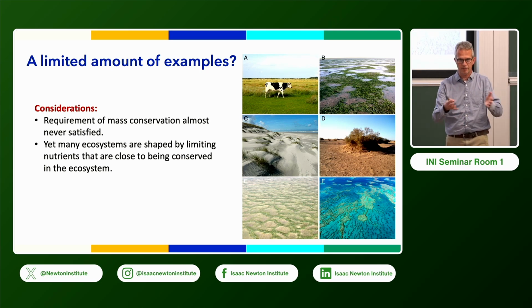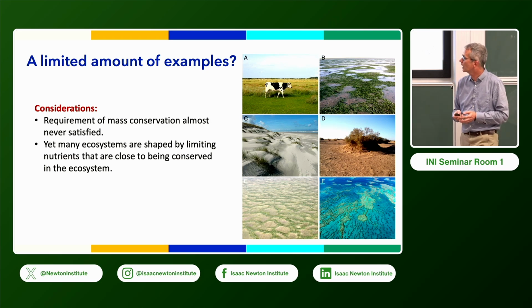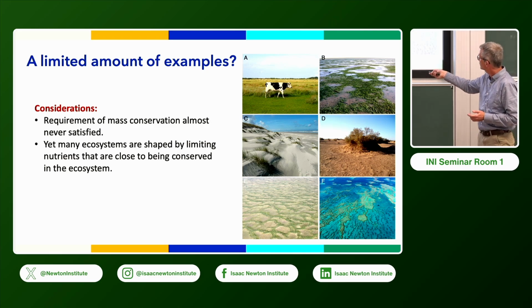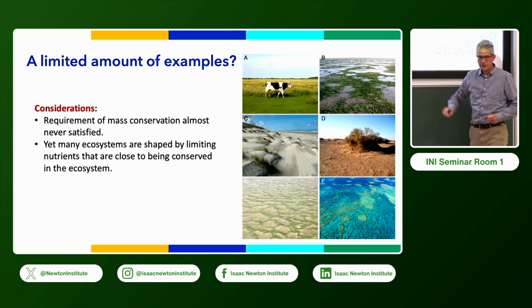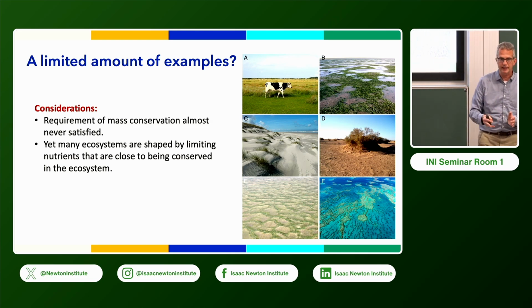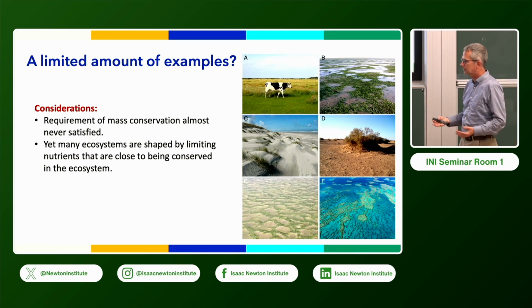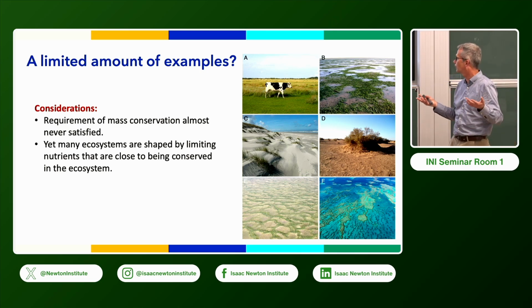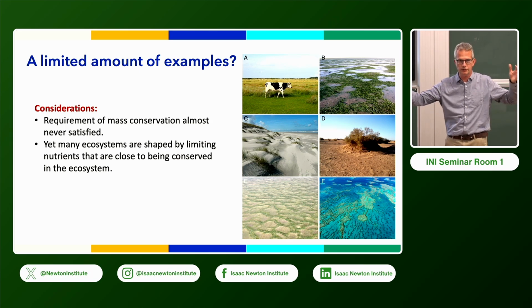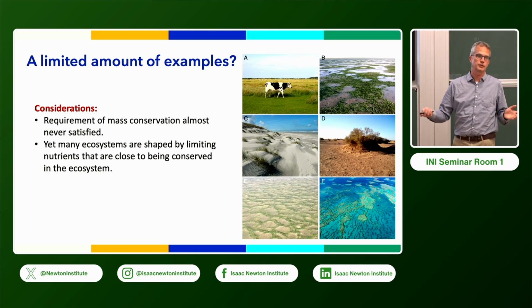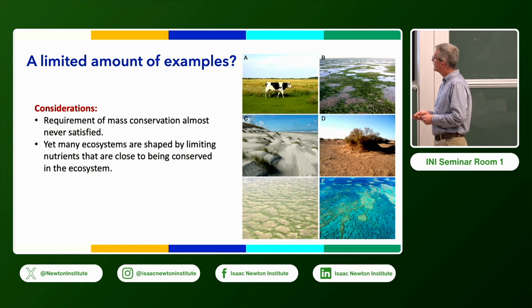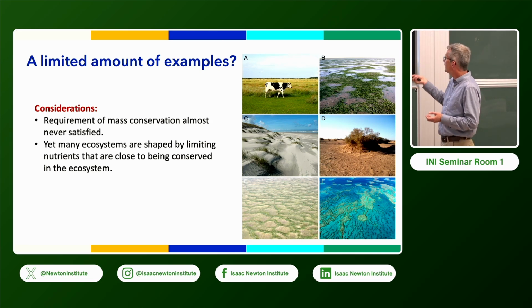And there are ecosystems that have patterns, peatlands to be precise, which are thought to be driven by phosphate. Of course, there's a little bit of phosphate coming from the subsoil, and some of it is lost through drainage, but for the most part it's just a stock of phosphate in this system. So it's almost mass conservation, you could argue. So, yeah, many ecosystems might actually be very close to mass conserved.